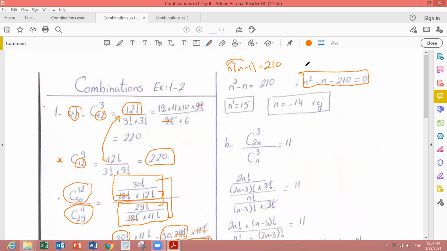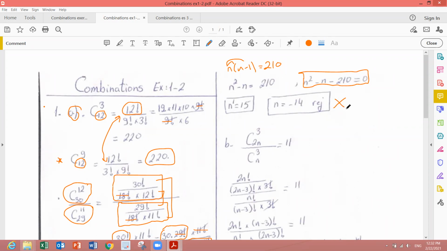It is a second degree equation. We can solve it by calculator. So we get two values: n equals 15 and n equals minus 14. Minus 14 is rejected.